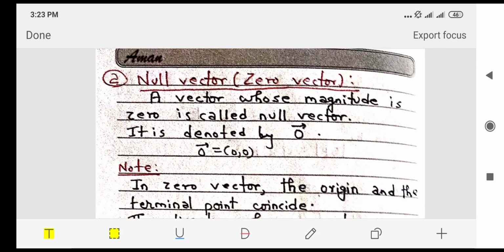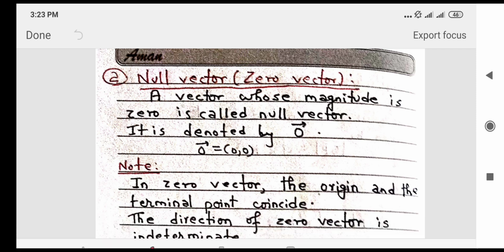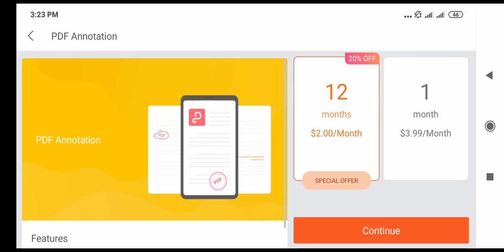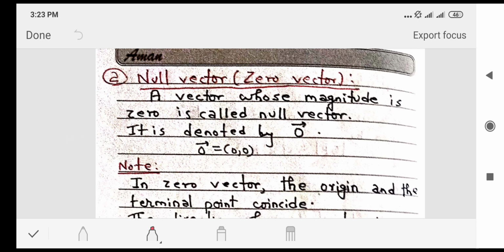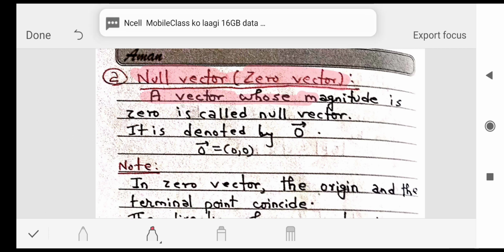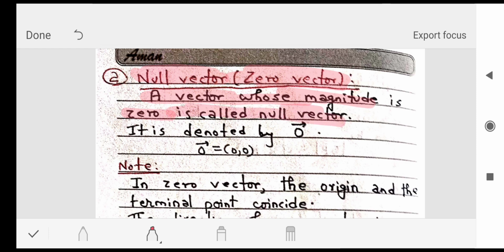Okay, now null vector. So null vector means what type of vector? We can see the name is null. Null means nothing, whose magnitude is 0. It is also called zero vector. So a vector whose magnitude is 0 is called null vector.